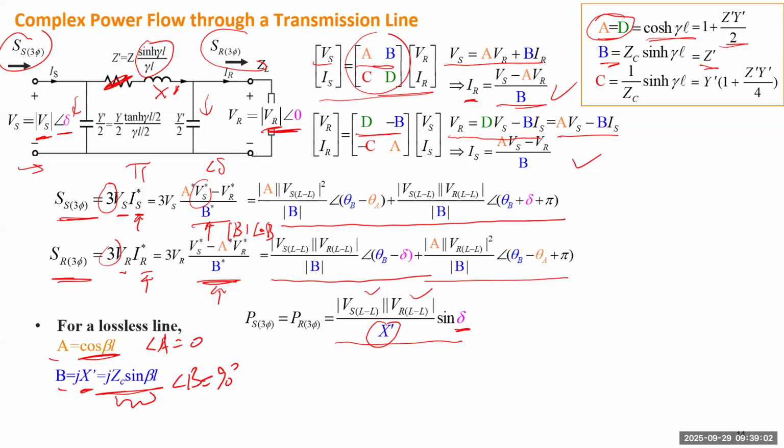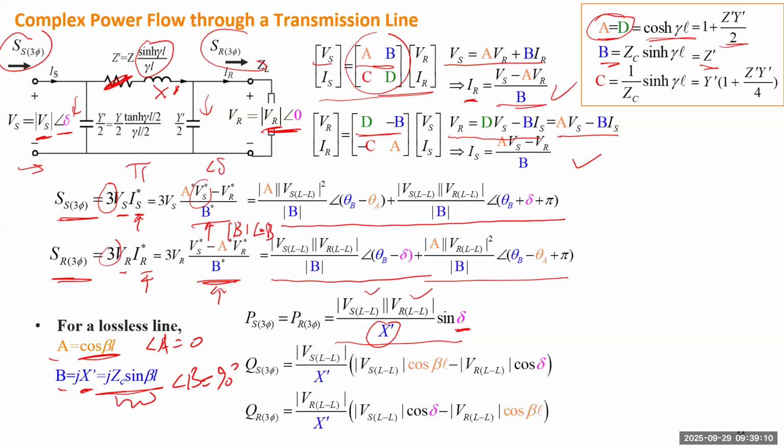It's the X', not the actual X, because we need to make some correction if the line is very long. For the reactive power, we have two formulas because the line will consume some reactive power. It may also provide some reactive power. So the Q from the left end is different from the Q on the right.